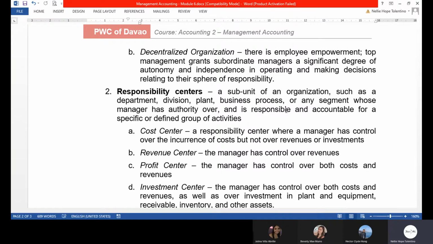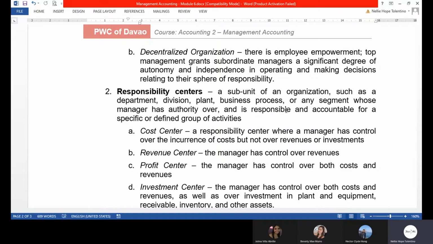Kasi sa accounting department, hindi siya nag-generate ng sales. Wala siyang revenue na napapasok sa company kasi nga yung accounting department, nagko-compute lang naman yan ng mga cost, kung feasible pa ba yung company, kung nagpo-profit pa ba yung company. So yung accounting department actually is a cost center.